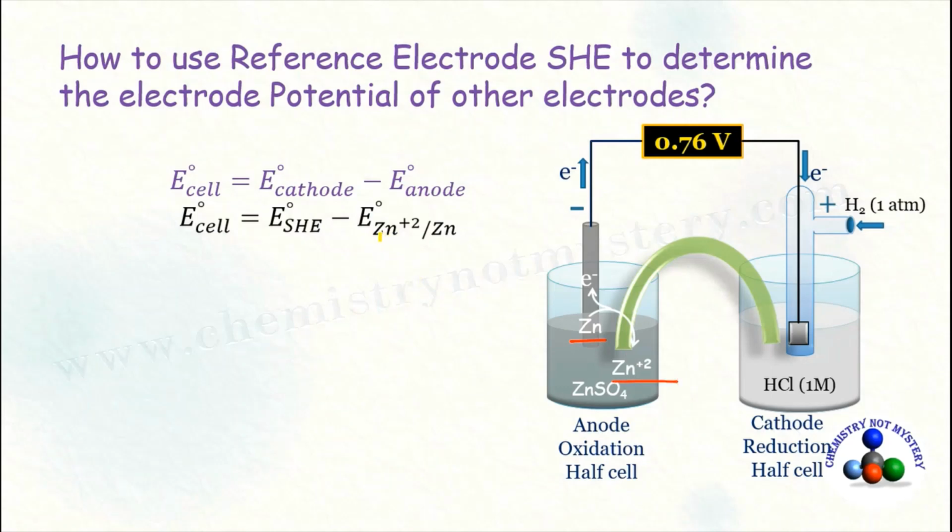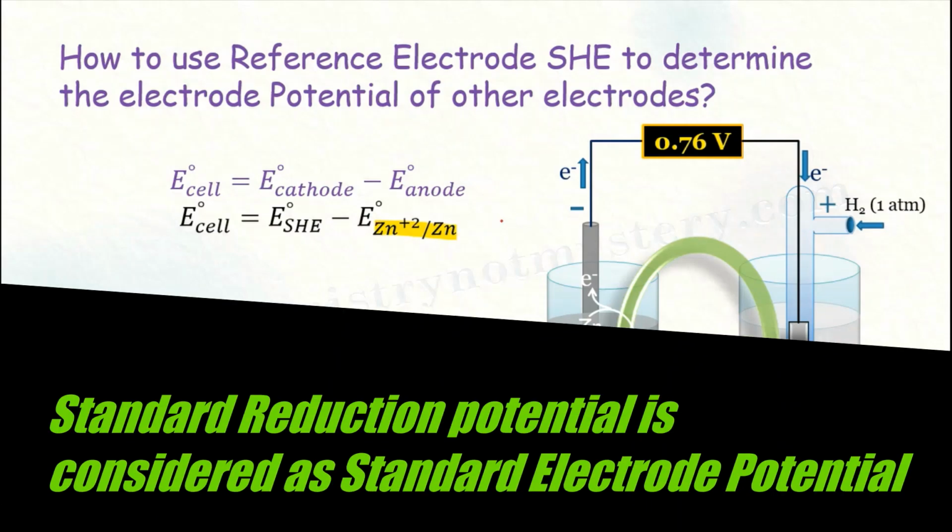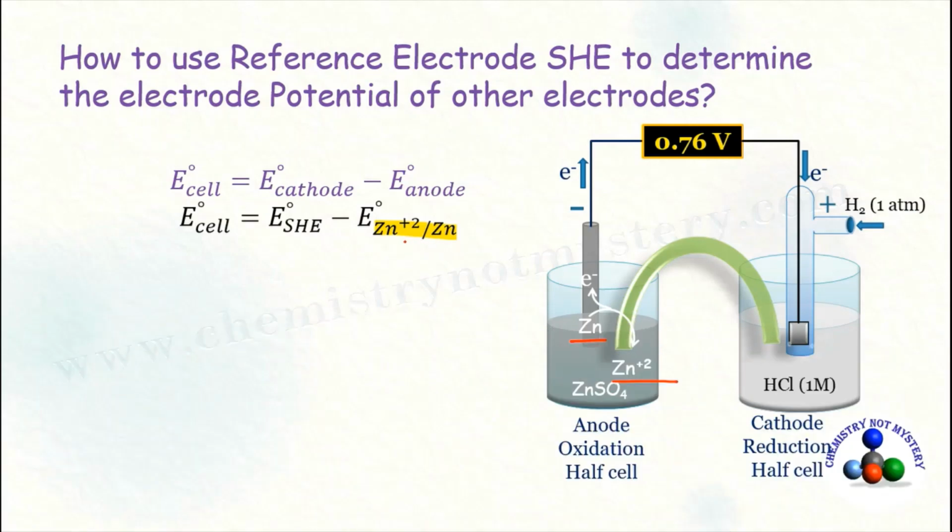But in the formula I have used zinc 2 plus ion oblique zinc, because as per the IUPAC convention, standard reduction potential is considered as standard electrode potential. So that's why you have to write it in terms of reduction. And reduction is the decrease in oxidation number. That's why I have written here zinc 2 plus ion oblique zinc.